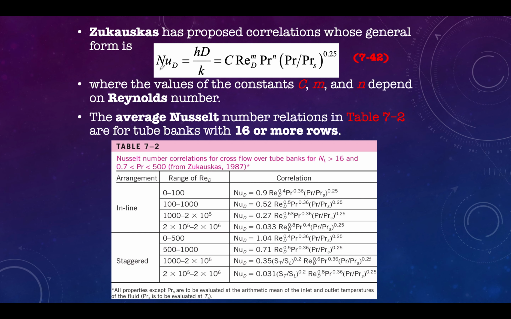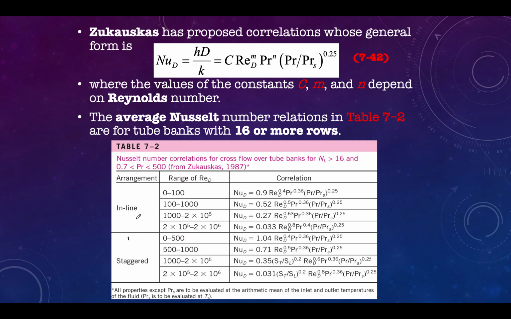In order to determine the Nusselt number, for the first step, you have to determine whether the arrangement of the tubes is in line or staggered. That is the first step that you need to do to answer the question for tube banks. Either it is inline arrangement or staggered arrangement.